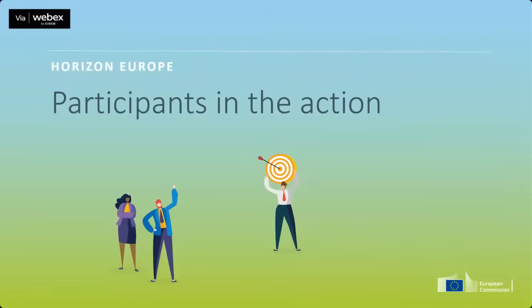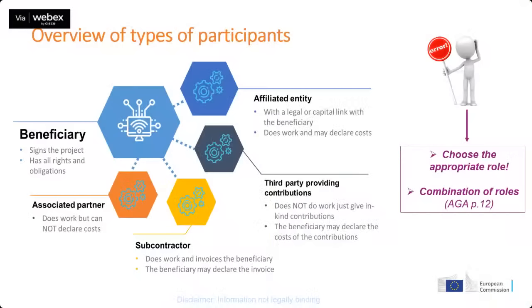Now that we are familiar with the Horizon Europe grant agreement, let's start to talk about the participants in the actions, which is very important information that will really help you to avoid errors in the future in your grant. Here is an overview of the types of participants. I will not spend a lot of time here because I will explain every role in detail.